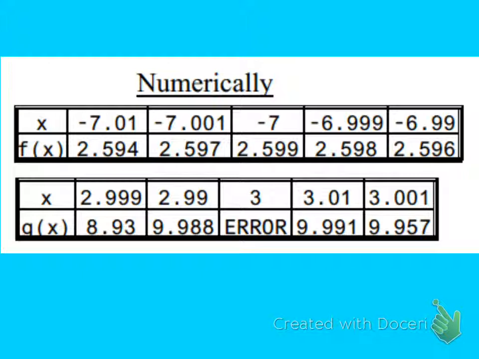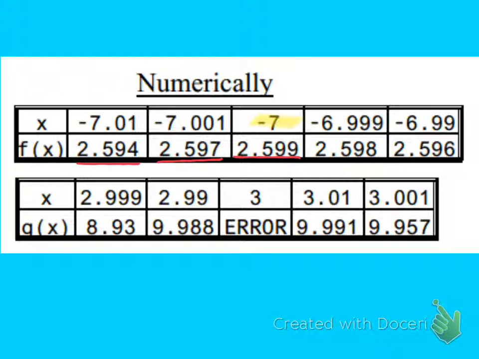There's also numerically. So we can set up a table. Let's say that we want to know what is the limit of a particular function as x approaches -7. Taking some points that are really, really close to -7 on the left, like -7.01 or -7.001, we see what our values are. We even have a value at -7.